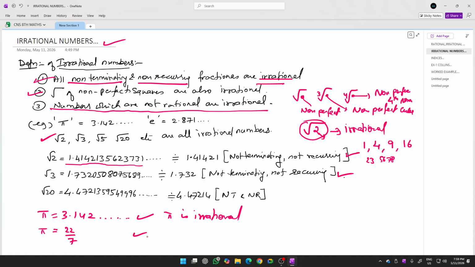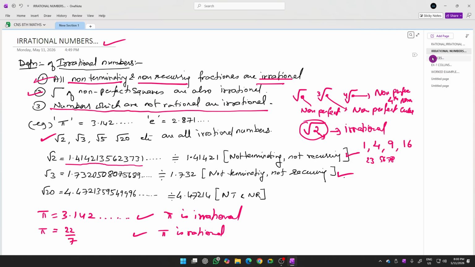And if it is 22 upon 7, then here the pi is rational. So pi can be rational, pi can be irrational, depending on how you are representing that pi number. If you are representing pi in the form of the 22 upon 7 fraction, then it is a rational number. If you are representing pi as the actual number 3.142 dot dot dot, then it is an irrational number. Now I think your concept must be very, very clear about rational and irrational numbers.